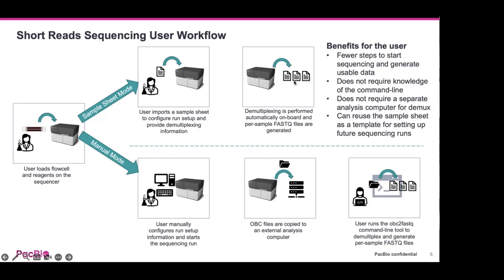So you take the run folder with the raw base calls and run another piece of software called OBC to FASTQ on another computer to generate the FASTQ files.